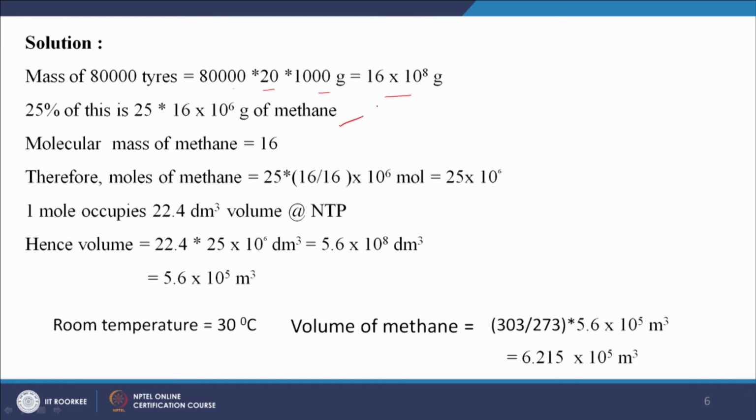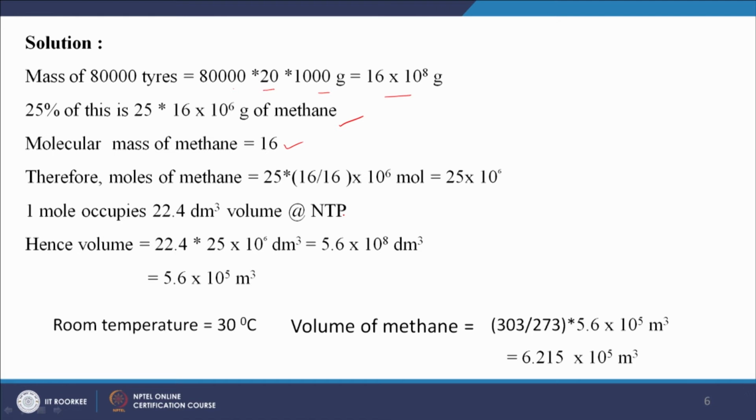That is equal to 16 into 10 to the power 6 gram of methane. Now, the molecular mass of methane is 16 gram. So moles of methane is equal to 25 into 16 into 10 to the 6 divided by 16, that is 25 into 10 to the 6 moles. Now, 1 mole occupies 22.4 liter or decimeter cube volume at NTP, we know it very well.